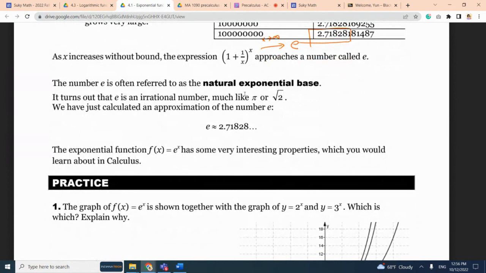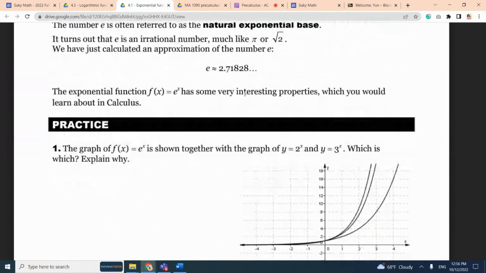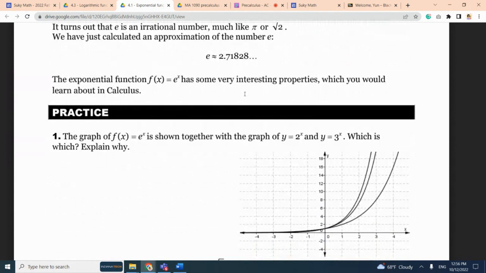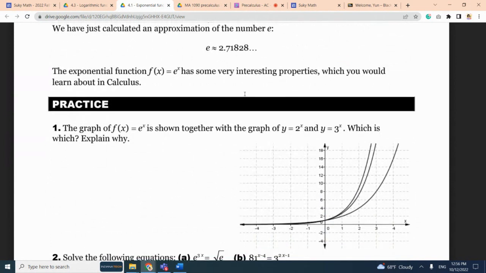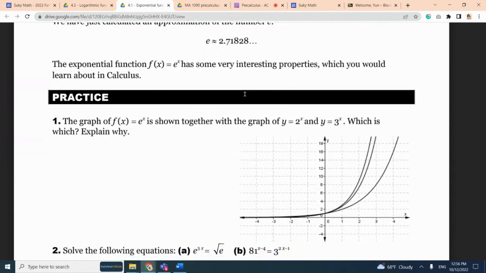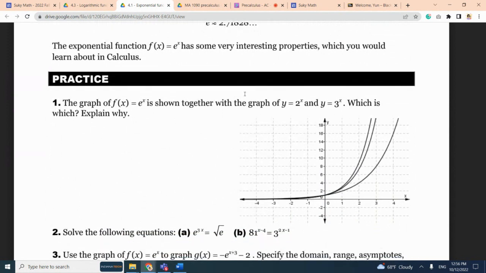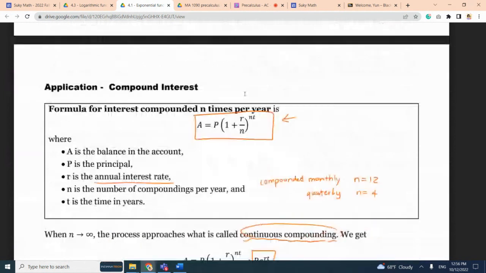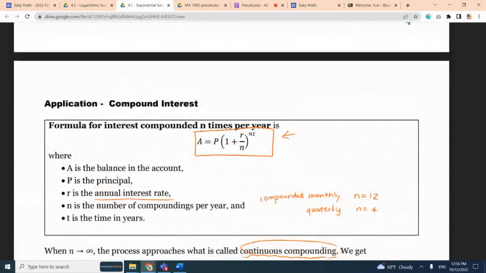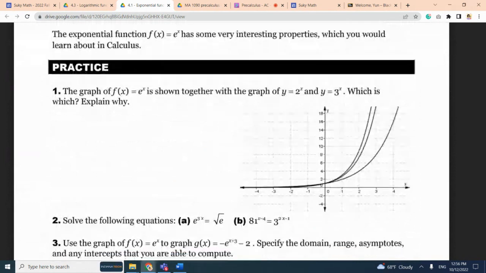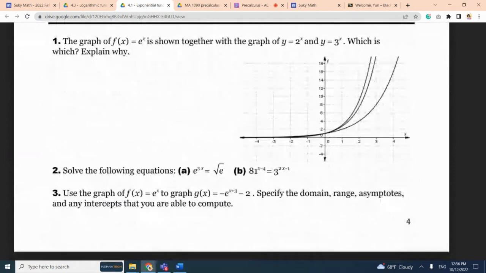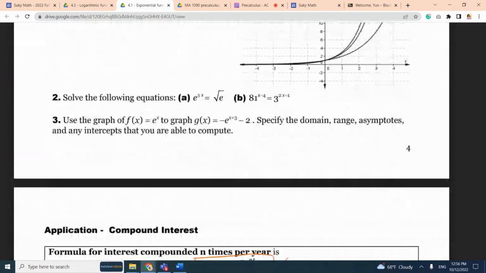So therefore, the graph, yeah, so e to the x has very many interesting properties. If you learn calculus, then we know that later. The derivative of exponential function e to the x is itself. This is quite special. Okay, so, and these are the practice problems. You can work on those as extra exercise at home.